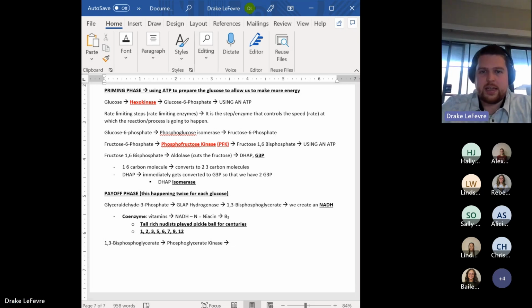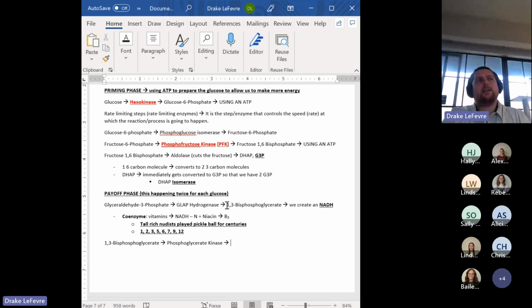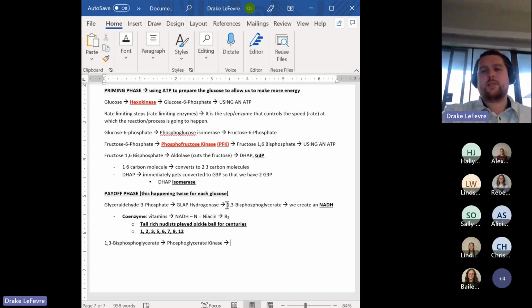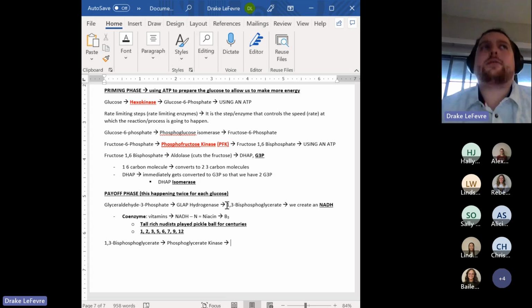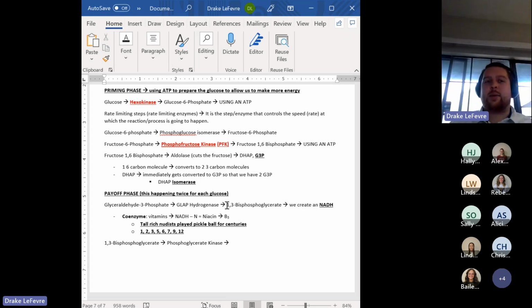So what do we think is going to happen with our 1,3-bisphosphoglycerate? And I should clarify, kinase doesn't necessarily always phosphorylate the reactant that we think it does. Its function is to transfer a phosphate group. So it could be adding a phosphate group, or it could be taking a phosphate group away from something.